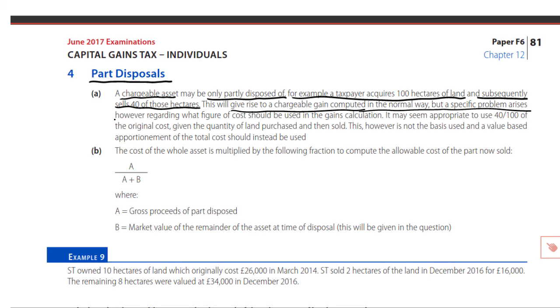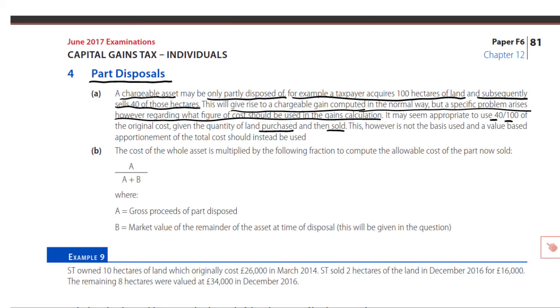A specific problem arises, however, regarding what figure of cost should be used in the gains calculation. Now, given the example I've used here, you might think, well, I know what fraction to use because you are selling 40 hectares out of 100, so I'll use 40/100ths of that original cost, given the quantity of land that was purchased, 100, and then sold, 40.